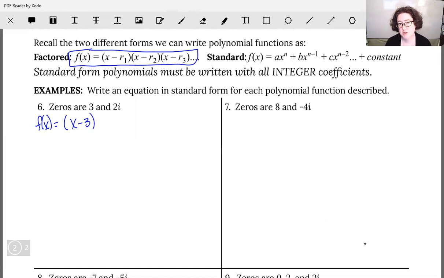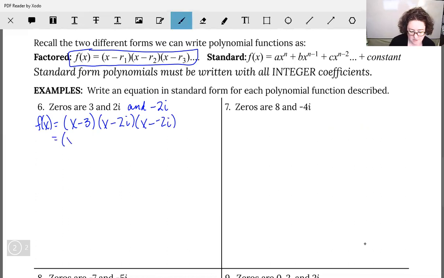So I need my conjugate pair to make this work. So I also need to use negative 2i. All I'm doing is flipping the sign. So that means my two roots, I'm going to have x minus the 2i, and then I'll have x minus the negative 2i, which doesn't look that pretty. So let's rewrite that: x minus 3 and x minus 2i and x plus 2i.